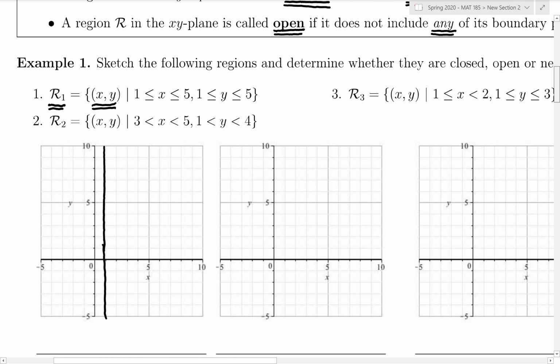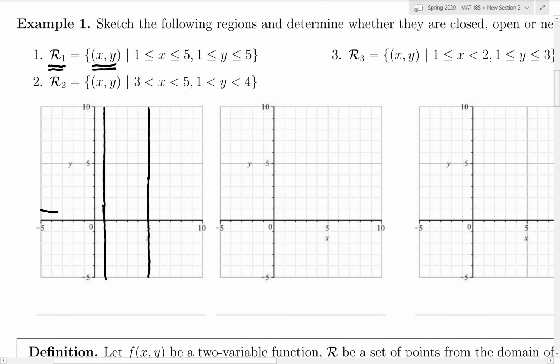So we know x is between 1 and 5, and similarly, y is between 1 and 5 as well. Again, boundary points included. So the region in question is this region right here.